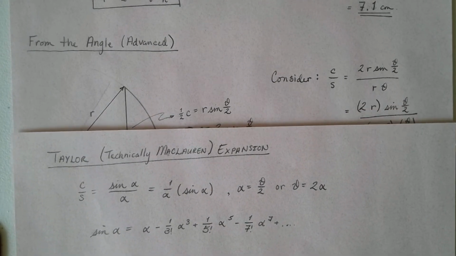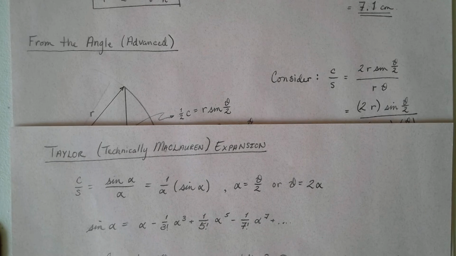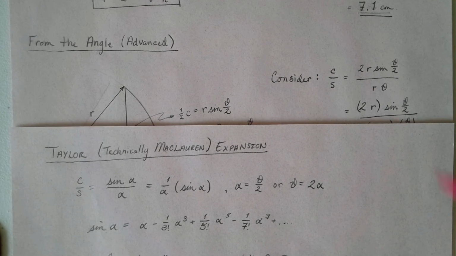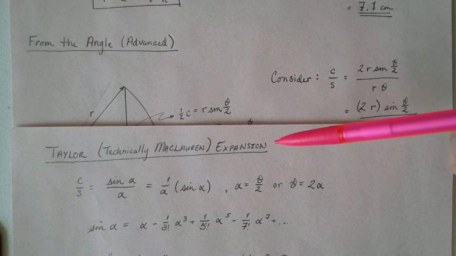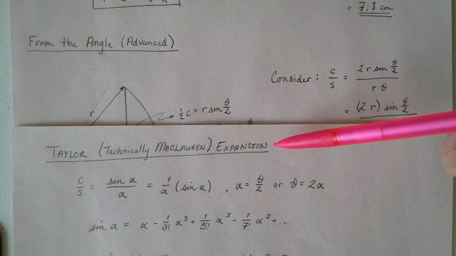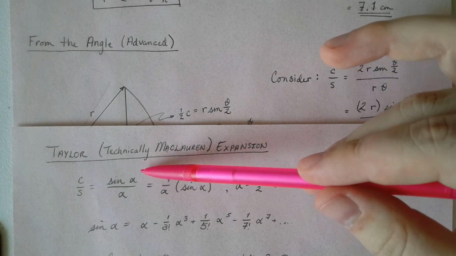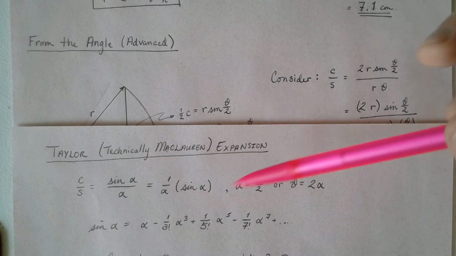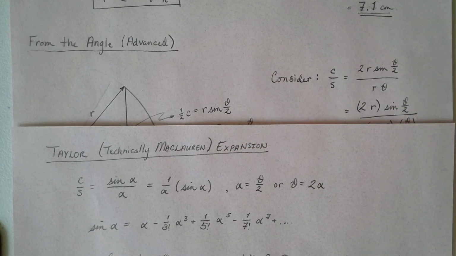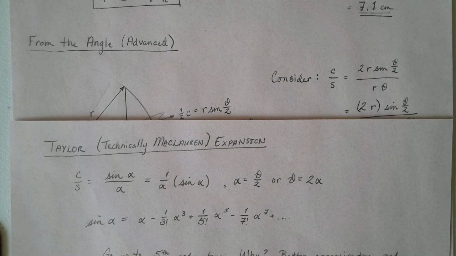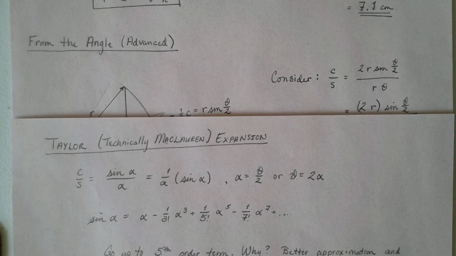All right, so for those that were wondering, the more advanced case requires us to use a bit of calculus. In this case, we'll be doing the Taylor expansion of sine alpha in terms of alpha. Technically, this is the Maclaurin expansion, but that's for discussion in math courses.